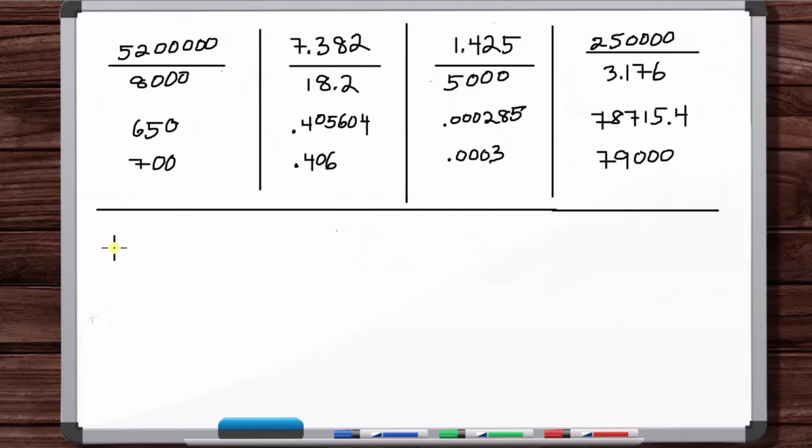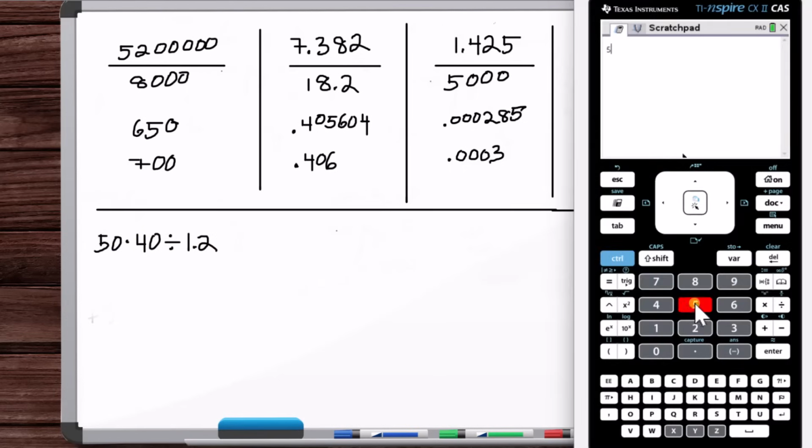Okay, so now what if we have... Well, okay, first do the multiplications and divisions. 1666.67, another sinister number here.